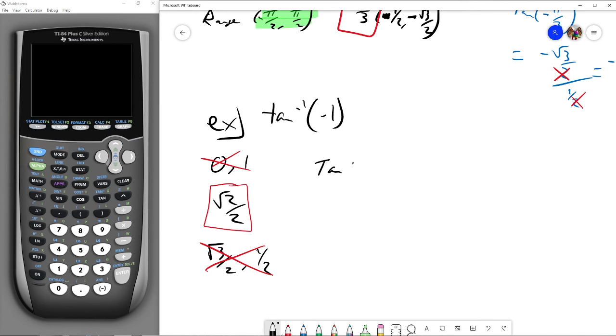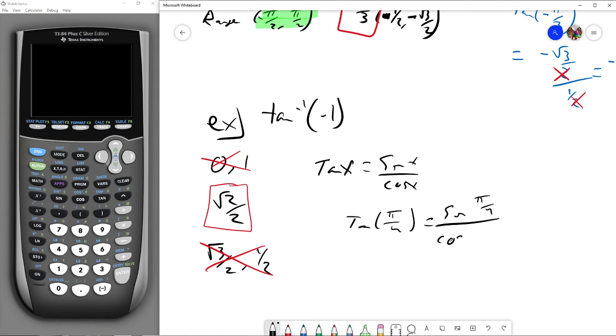But if we think of it this way, tangent x is equal to sine x over cosine x. If you were to plug in, say, pi over 4, tangent of pi over 4 is equal to sine of pi over 4 over cosine of pi over 4.